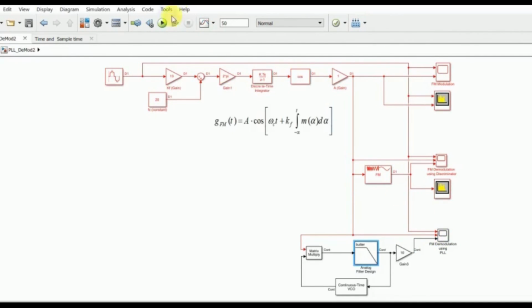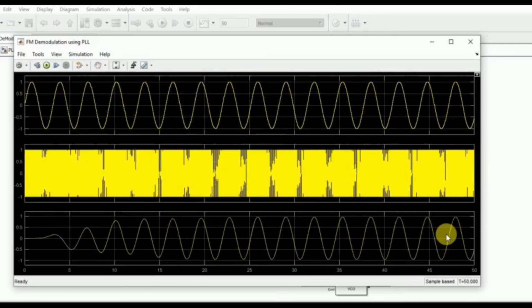So let us run this experiment. Right. Over here we have the message signal m of t, the frequency modulated signal, and the demodulated signal using PLL. We would observe that initially the phase lock loop tries to track the incoming message signal.